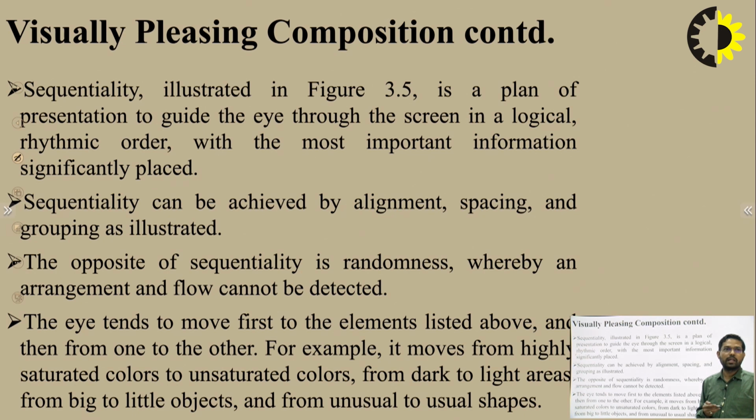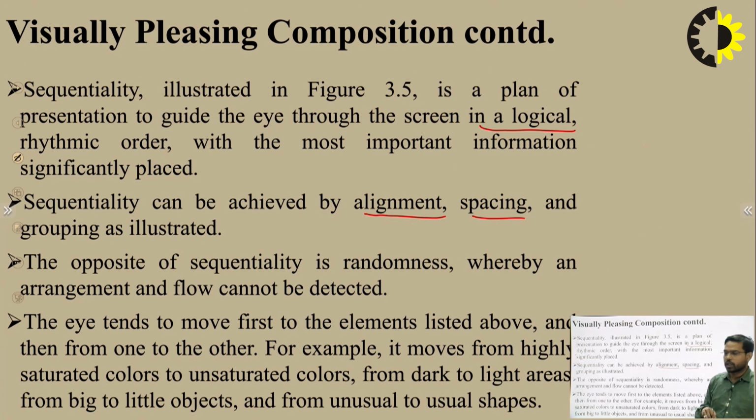Sequentiality is a plan of presentation to guide the eyes through the screen in a logical, rhythmic order with the most important information significantly placed. Sequentiality can be achieved by alignment, spacing and grouping.